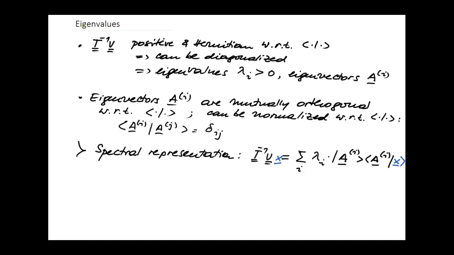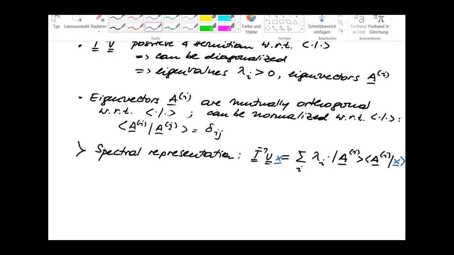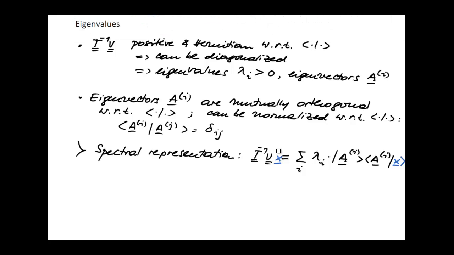This has the same structure as on the other page, where I just explained the concept of the spectral representation. And then, for the sake of compact notation, you can omit the x. If this holds for any x, then I simply erase the x and write it formally in this way.